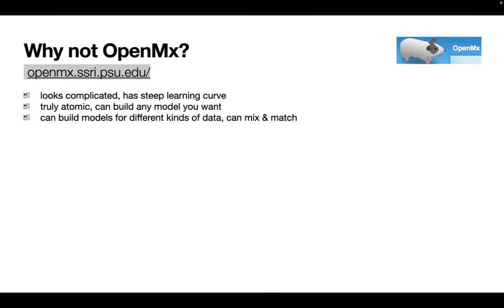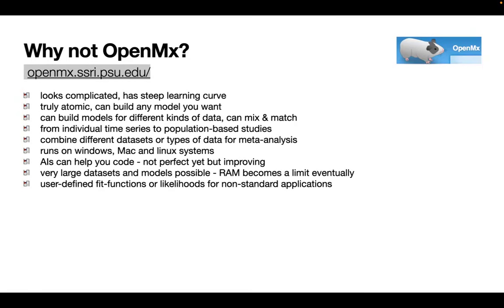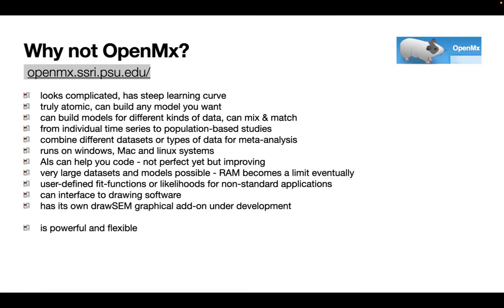So you may ask, why not OpenMx? As it seems to be much more complicated than what we can do in R. We know it looks complicated, it has a steep learning curve, but it also has a number of advantages that I'm not going to read for you, except for the fact that it is powerful and flexible.